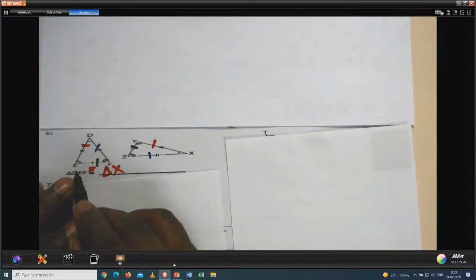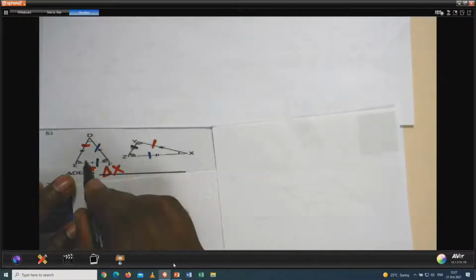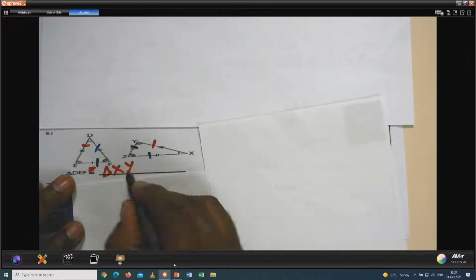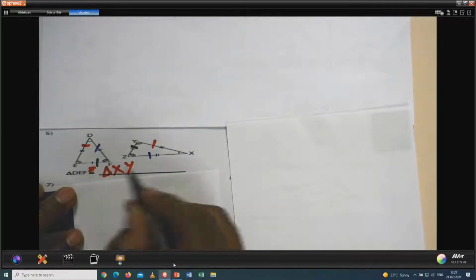The red side has two marks there, which is your Y, a double line indicating equal. And obviously now we use the last one, which is Z, which is your F here.